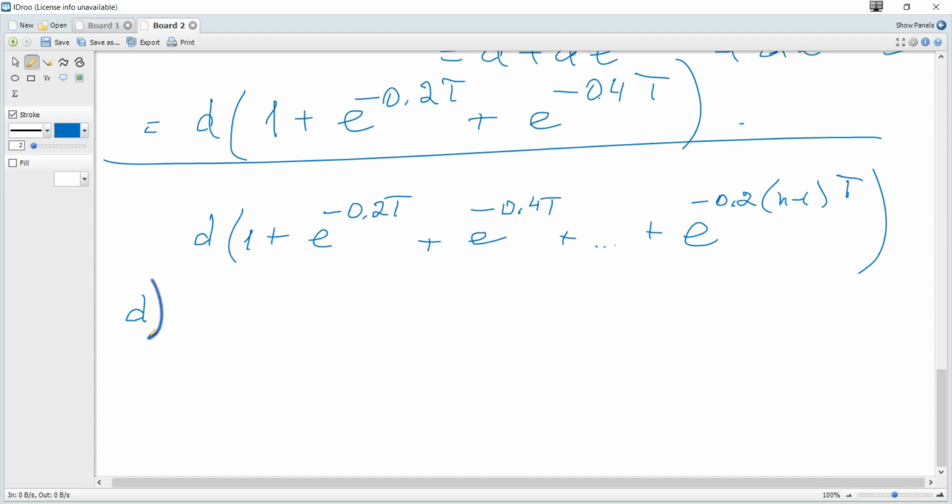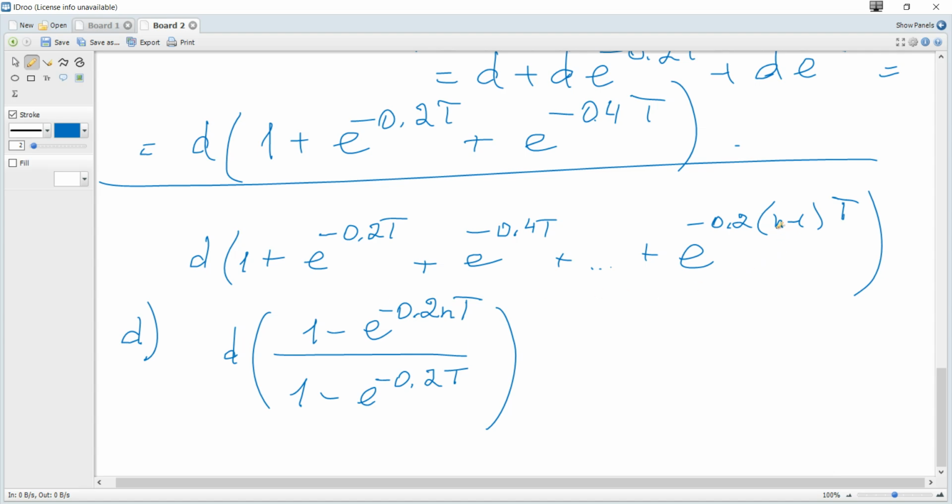And question D shows that this concentration can be expressed as D multiplied by (1 - e^(-0.2nT)) over (1 - e^(-0.2T)).